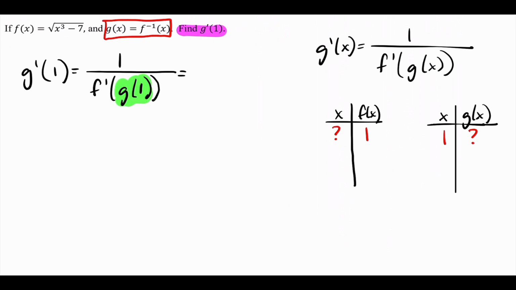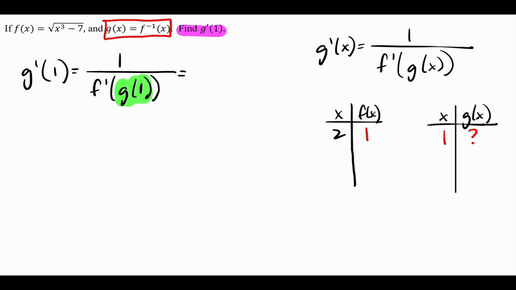Okay, so again, you could probably do this one in your head. What do I need to plug in to get 1 as an answer? 2. You plug in 2. 2 cubed is 8. Minus 7 is 1. Square root of 1 is 1. So if I plug in 2 to the original, I get 1.